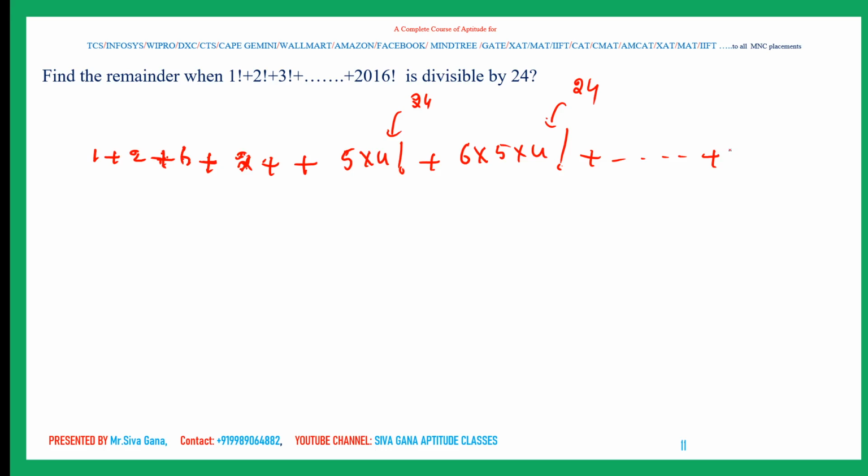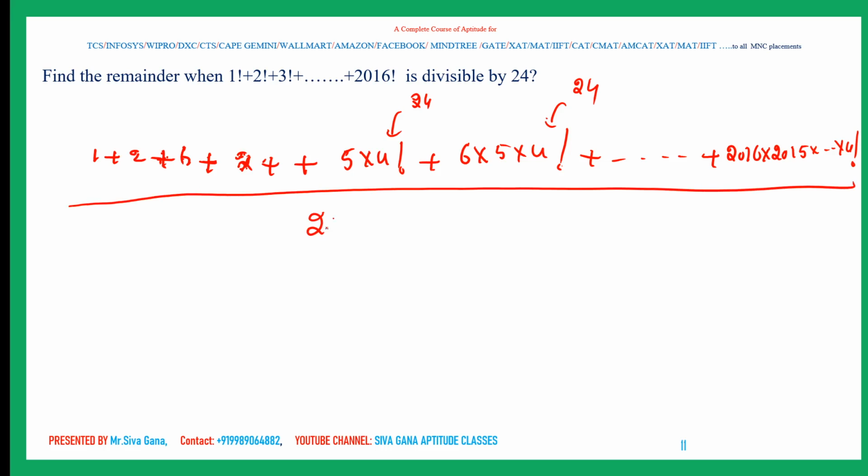In 2016 factorial also, 2016 into 2015 into and so on into 4 factorial must be there, whole divided by 24.